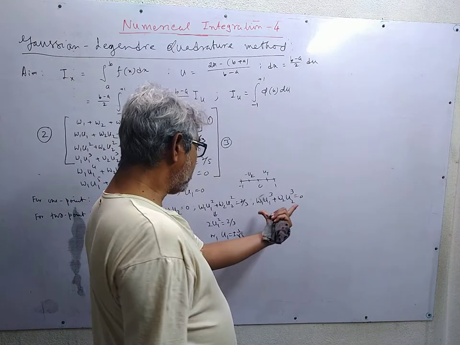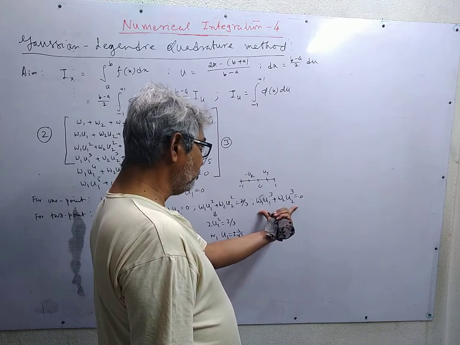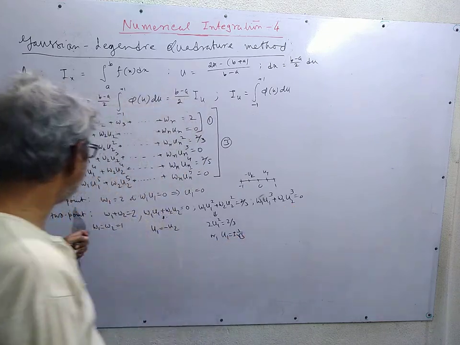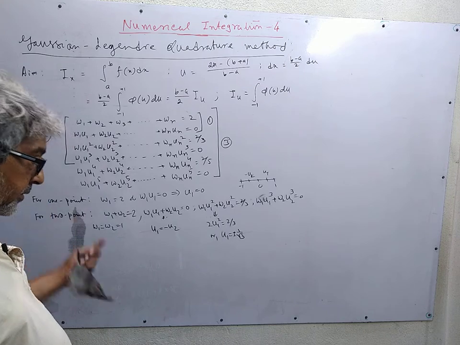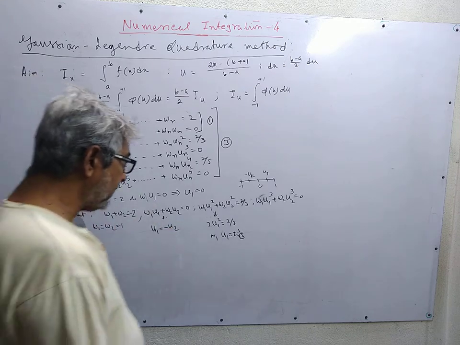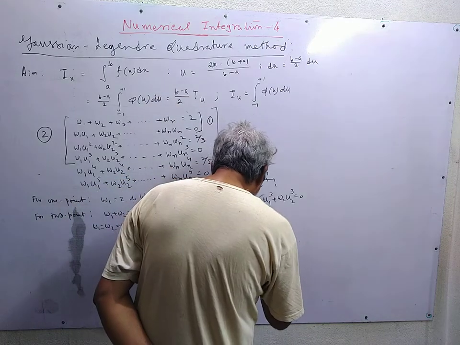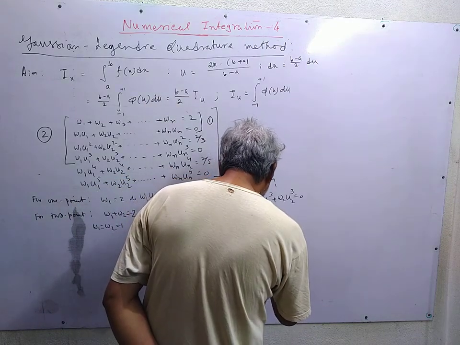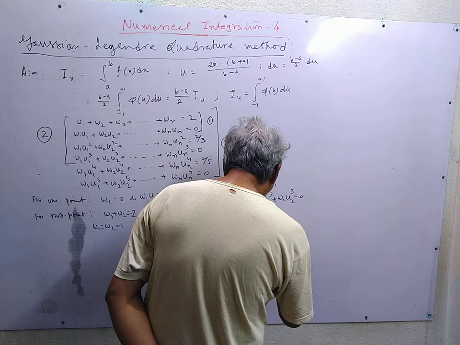Now this equation at present is no more required because we have used the symmetry argument. So we have obtained the U values. One remarkable similarity, we are considering the 2-point formula.